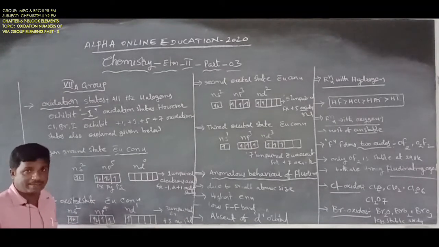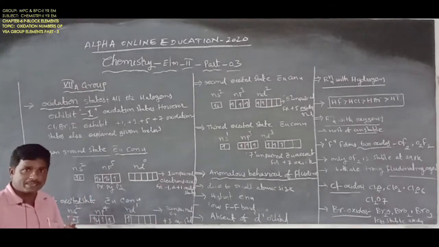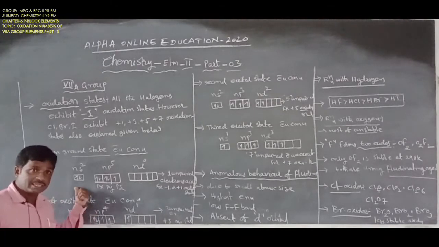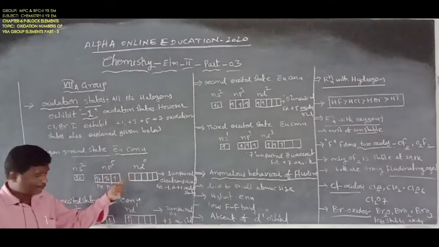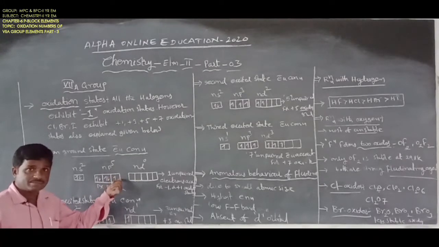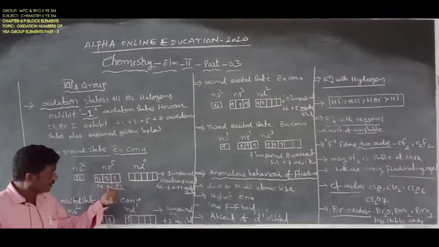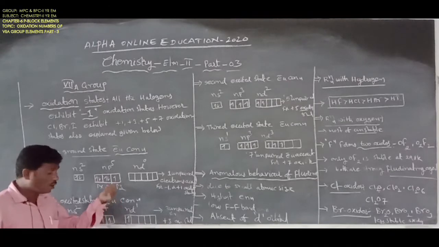All halogen elements exhibit the -1 oxidation state because of the ground state electron configuration ns2 np5. The pz orbital has only one unpaired electron, or one lone pair electron.